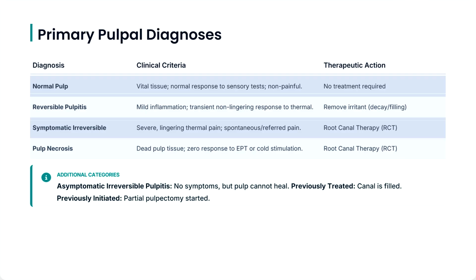Sometimes, and I've only seen this done twice in 6.5 years, we've had to take out just a little bit of the pulp because the bacteria was knocking on the door of the pulp. You don't want to leave bacteria in the pulp.